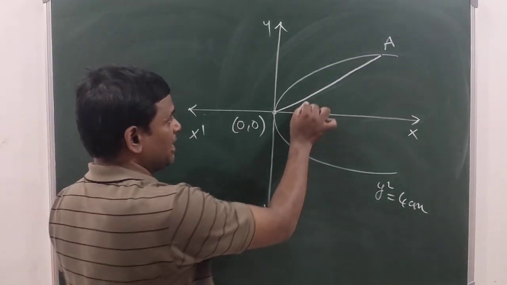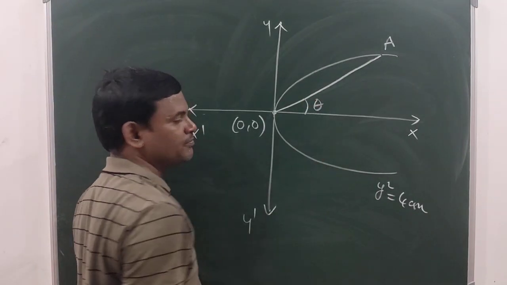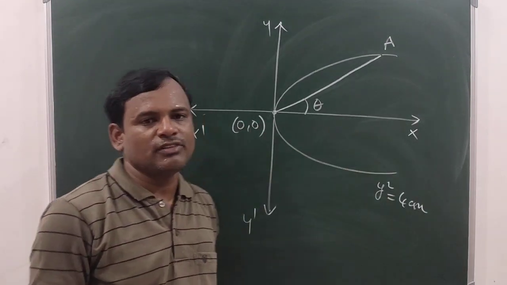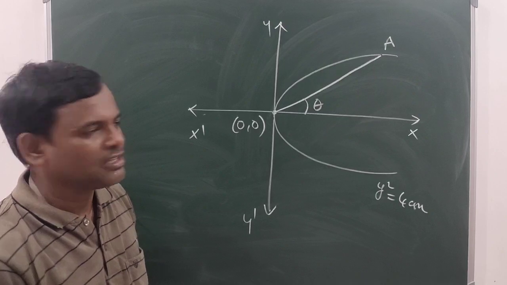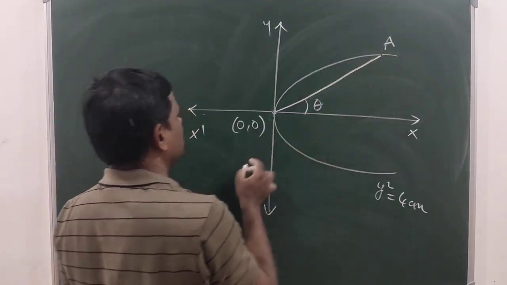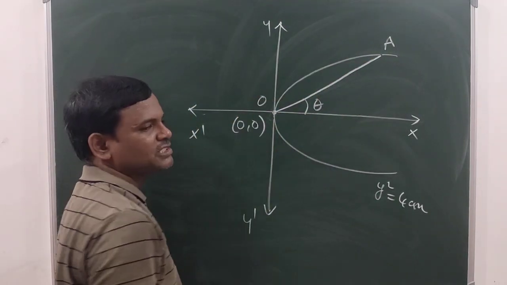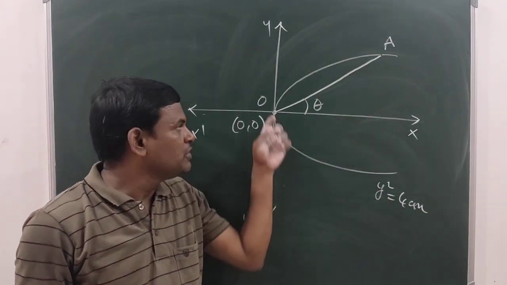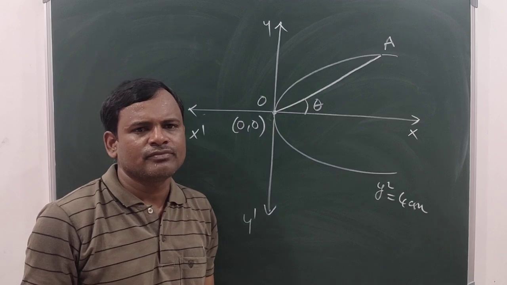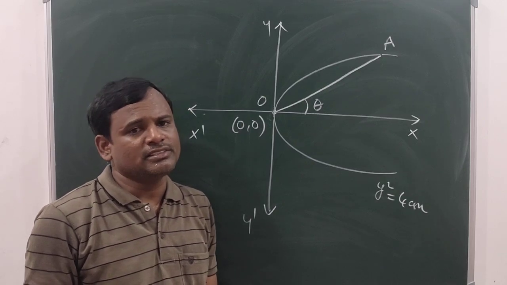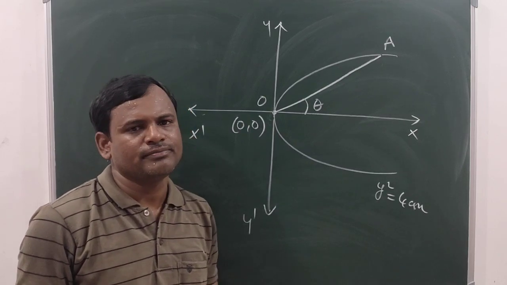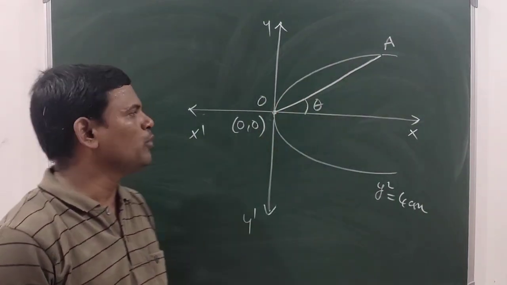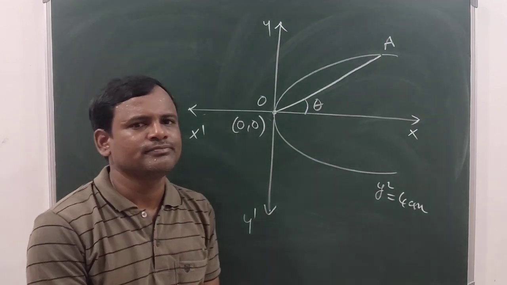This chord is making an angle theta with respect to the axis of the parabola, that is here the x-axis. Now determine this OA length. Origin is taken as O. Find the length of a chord which passes through the vertex of this parabola, that is OA. Now find OA length in terms of theta.